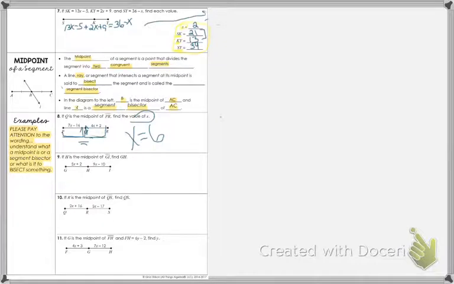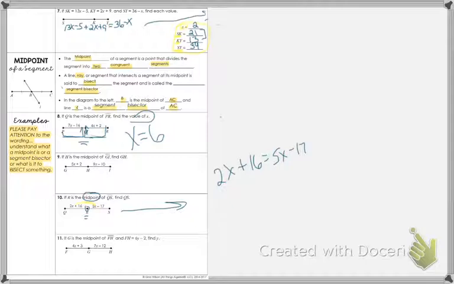Well, keyword midpoint, which means these two right here are equal. So let's go to the problem over here on the right hand side. 2x plus 16 is equal to 5x minus 17.